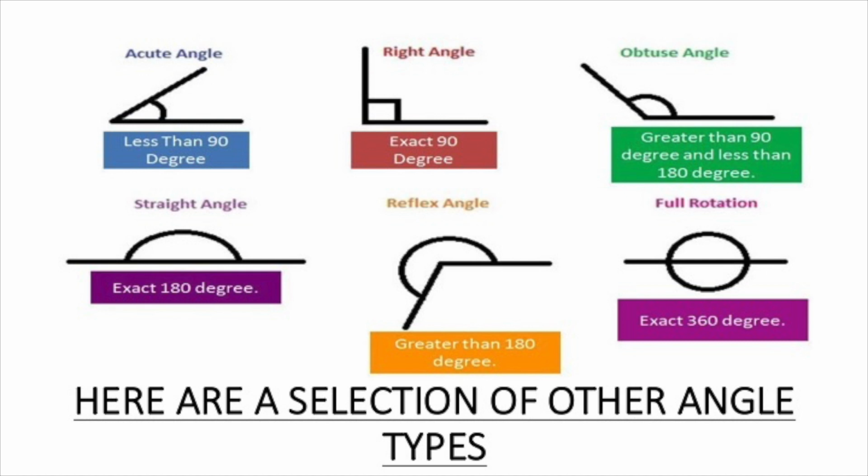So 90 plus 90 plus 90 plus 90 gives us 360. A full rotation. Any questions, guys? No. Okay, that was excellent. Well done.